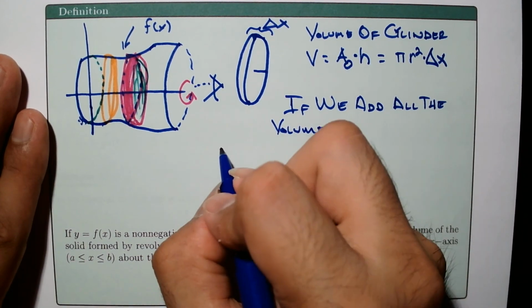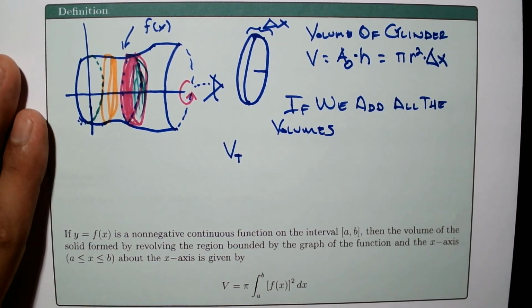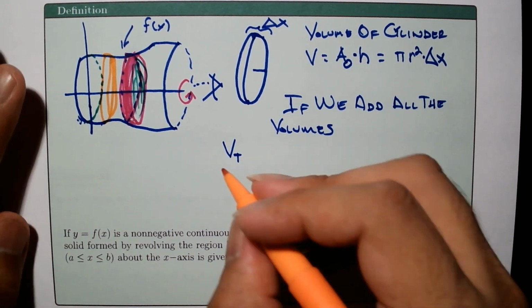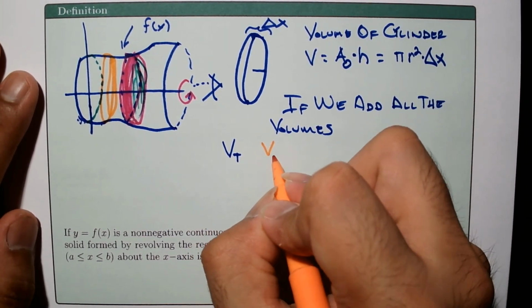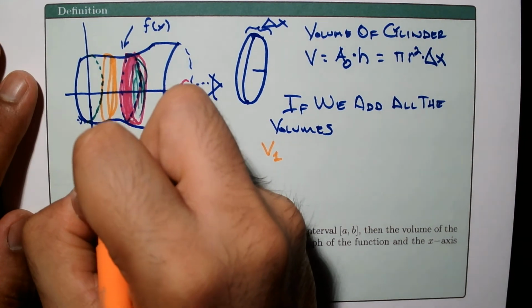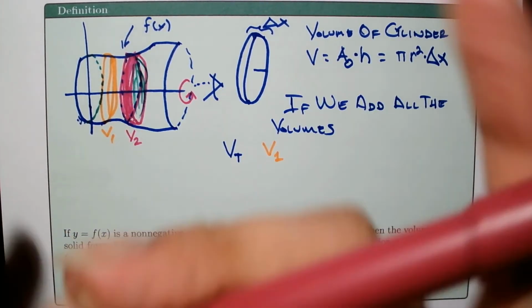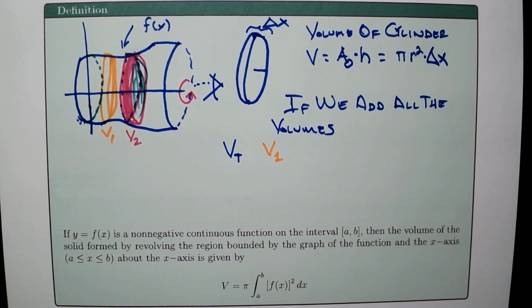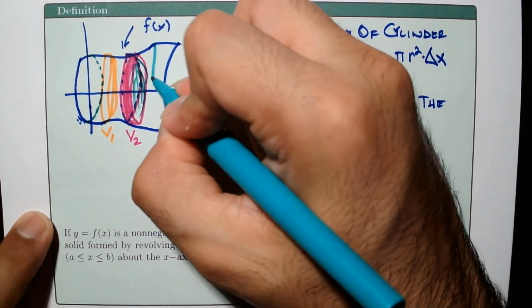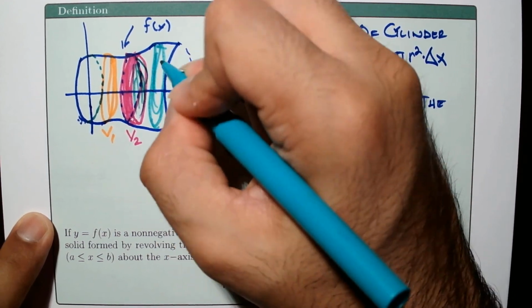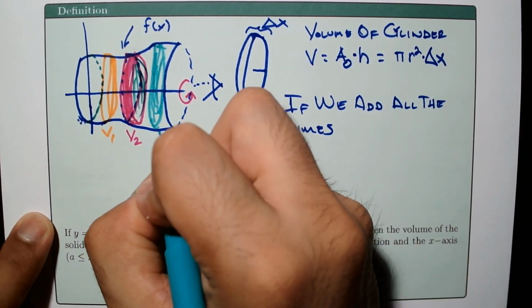let's say the total volume will be the volume of the solid. Let me call this volume 1, and this volume 2. Let me use another color here, a kind of green. Another disk here, that's volume 3.